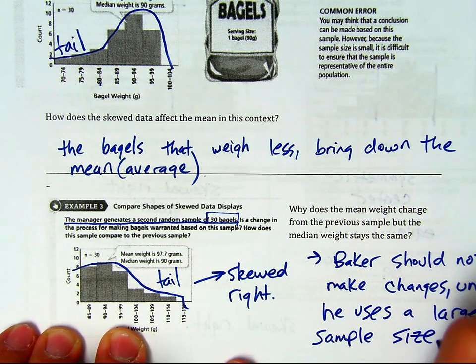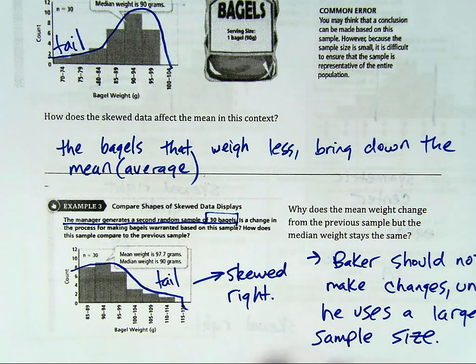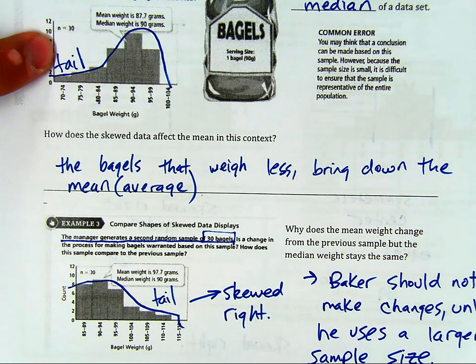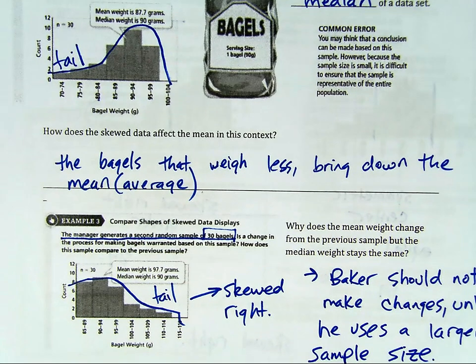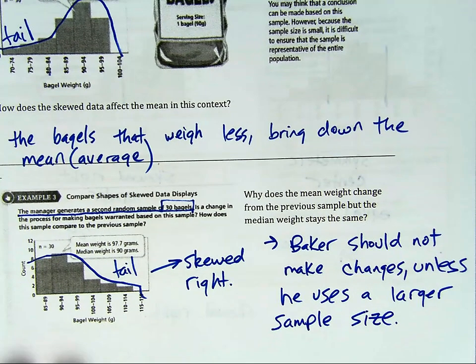Okay? Because one example was skewed left, one example was skewed right, right? So we can't really tell what's going to happen here. All right, so the baker should not make changes unless he uses a larger sample size.